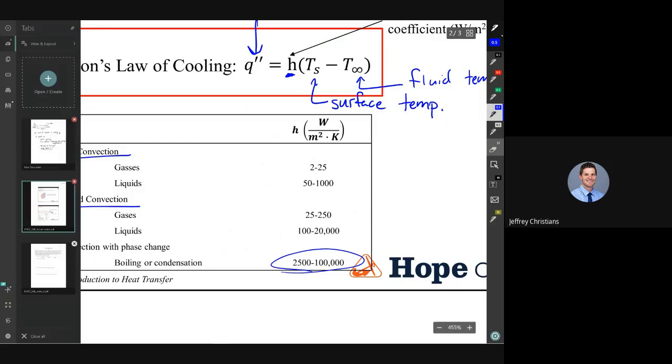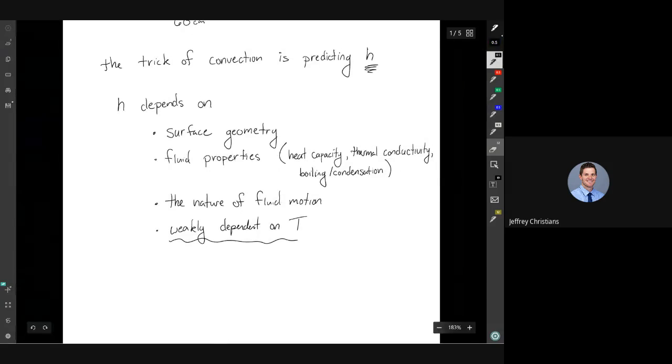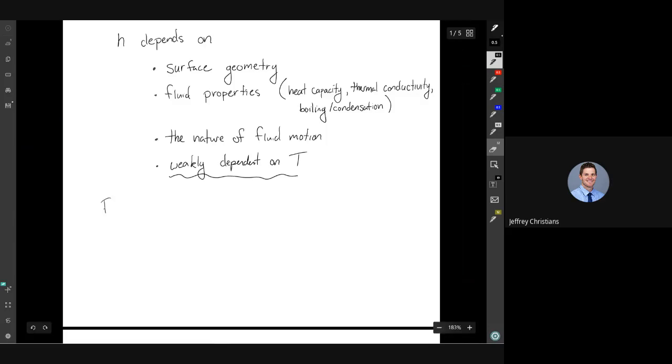Okay, so let's solve our problem. All right, so we had our pancake griddle. Let's assume h equals 10.